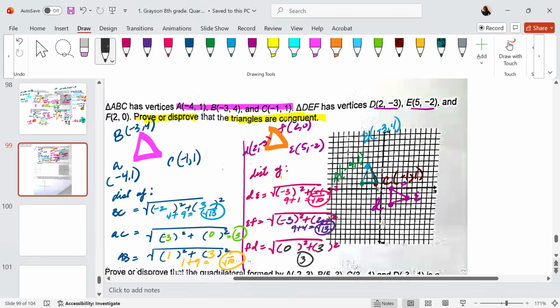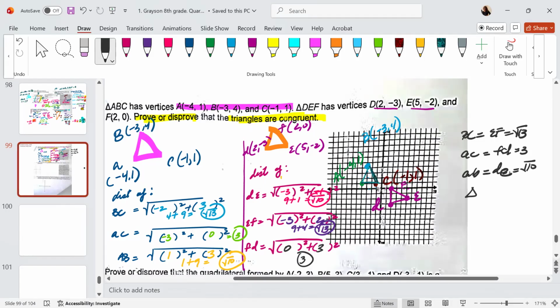Okay, so far everything matches. I can see that BC is equal to EF, which is square root of 13. I can see that AC is equal to FD, which is equal to 3. AB is equal to DE, which is square root of 10.